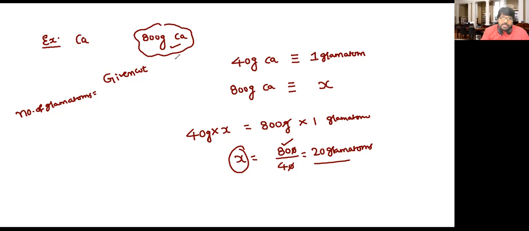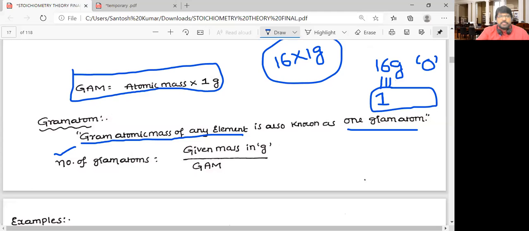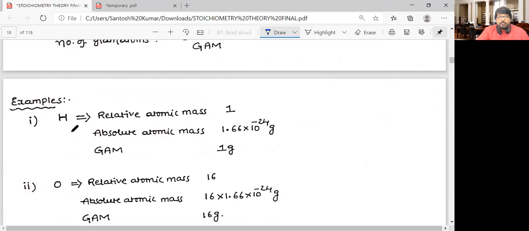Given weight of atom by gram atomic weight. So that is the simple formula I have written here. The number of gram atoms, if you want to find, is equal to given weight in grams by gram atomic weight. Let me take, for example, hydrogen.